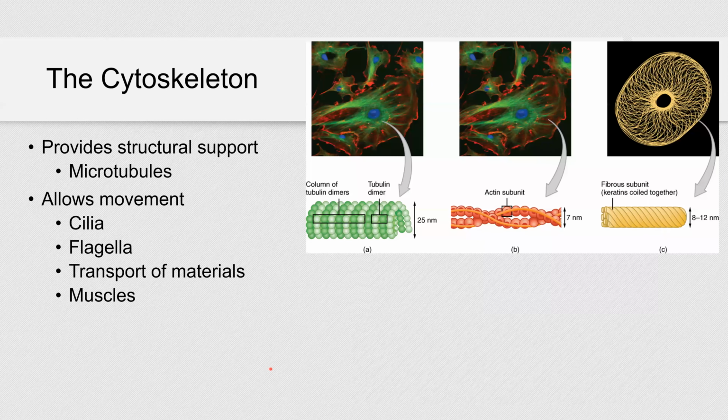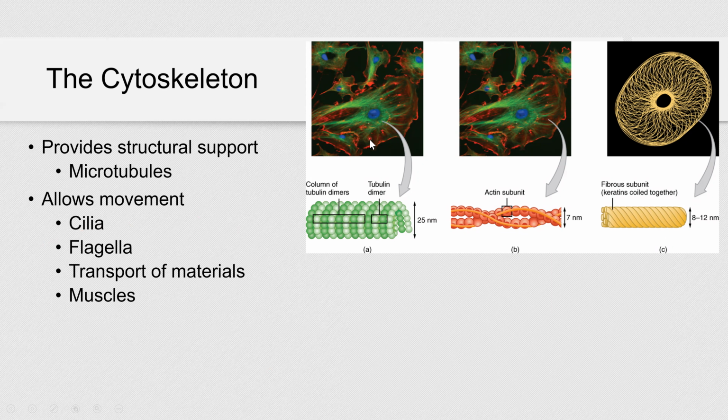Now, cytoskeleton, we mentioned it a little bit. Those are proteins within a cell, and they provide support, allow for transport of materials, for movement. Cells can have cilia, flagella. They can move something across a membrane, or the cell itself can move.